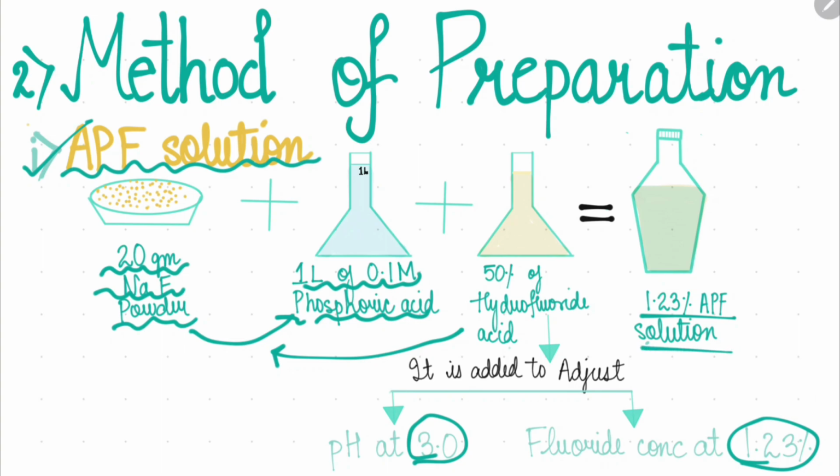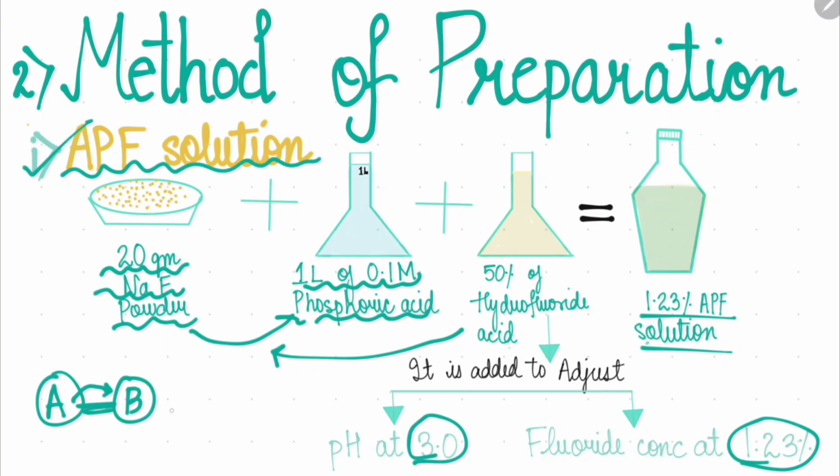To summarize it quickly for you, the first agent we use is 20 gram of sodium fluoride powder. We add this to agent B, which is 1 liter of 0.1 molar phosphoric acid.